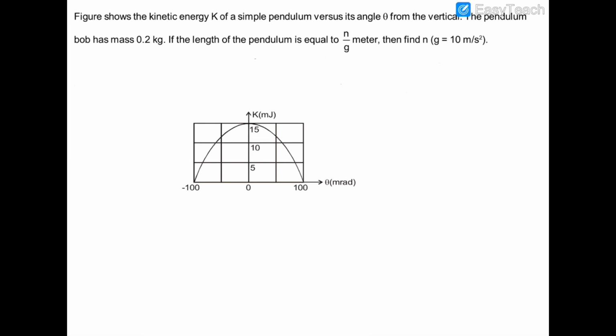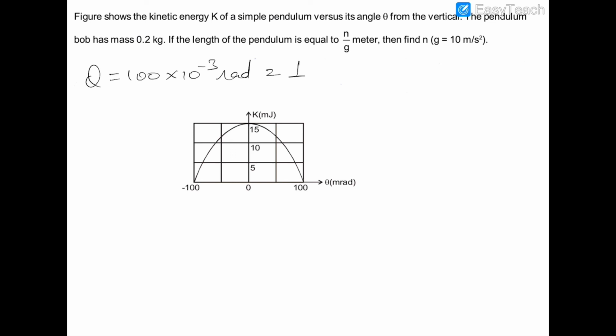In this figure, you can see that this is a graph of kinetic energy versus the angular displacement of a simple pendulum. This is given in milliradians and this is in millijoules. The mass of the pendulum ball is 0.2 kg, and we have to find out the length of the pendulum. Now first of all, the angular amplitude is given as 100 milliradians, which is 10 raised to power minus 3 radians.